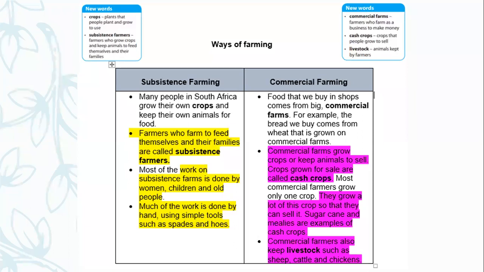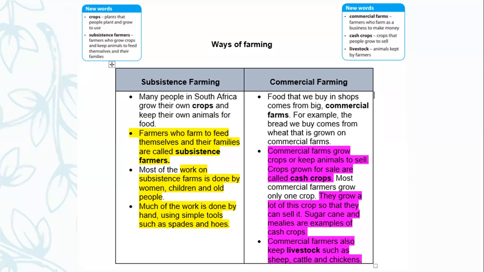Now, as we saw in the video, many people in South Africa and in other parts of the world grow their own crops, crops being plants that people plant and grow to use. If you take a very quick look at your top left-hand corner, you should see the meaning of the word crops and what crops are.